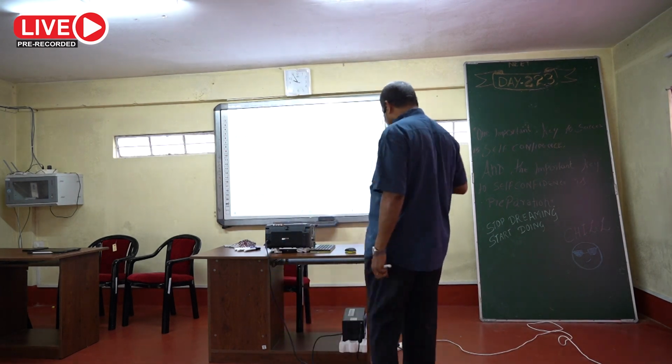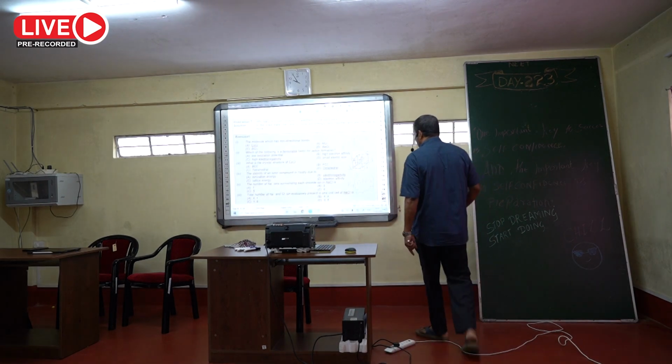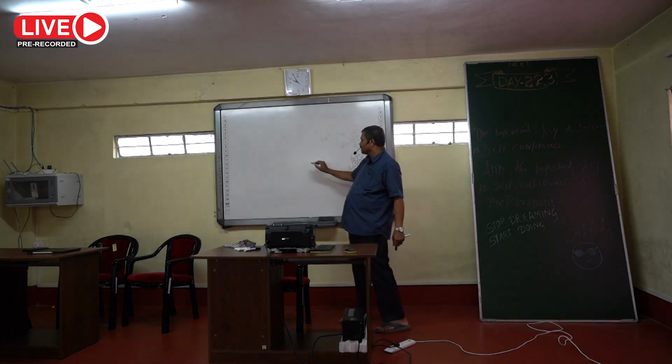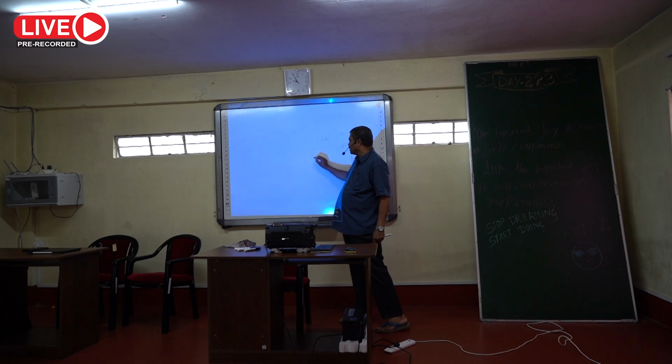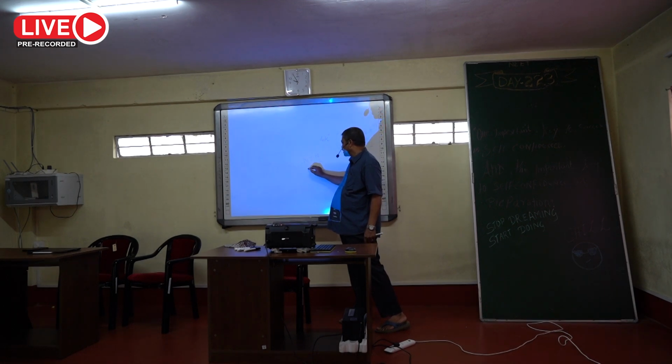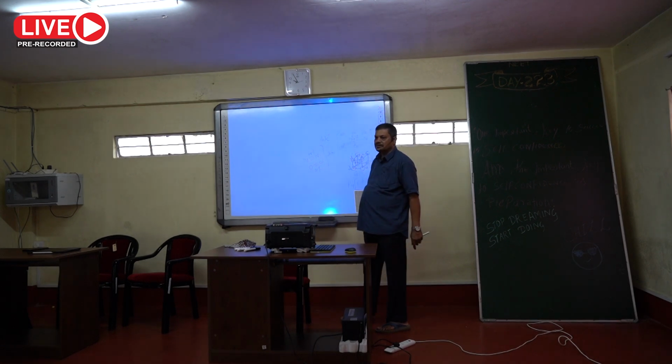Of course, nitrogen also has lone pairs. Oxygen is also having lone pairs. It is only 21%, while this is 78% in air.